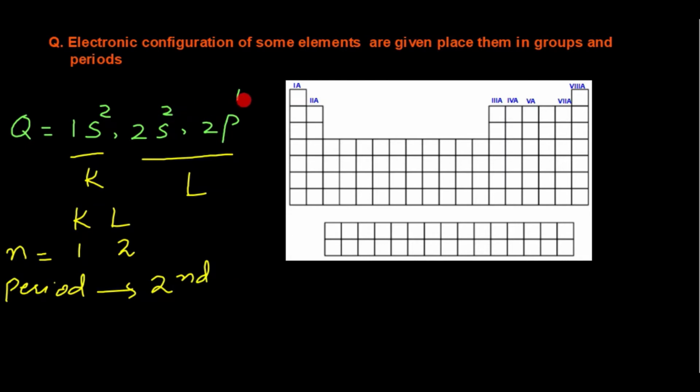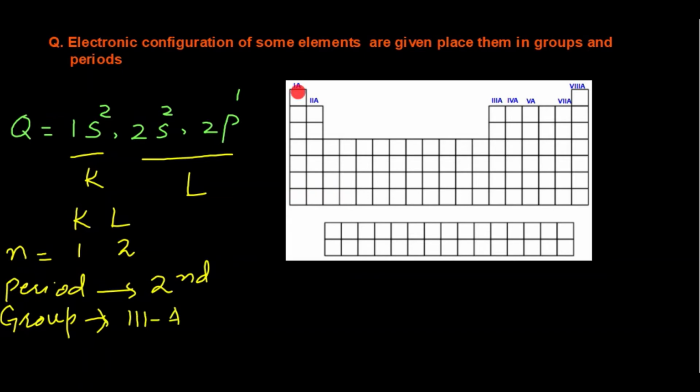The total number of electrons present in the valence shell indicates the group number. Since in the valence shell 3 electrons are present, this element belongs to group 3A. So its group is group 3A.